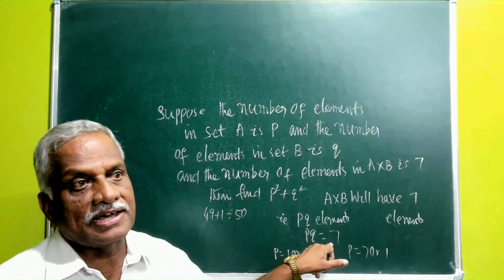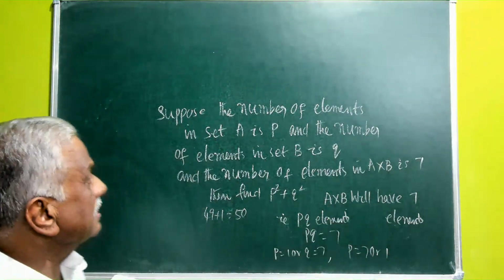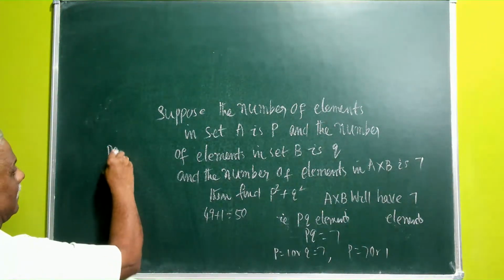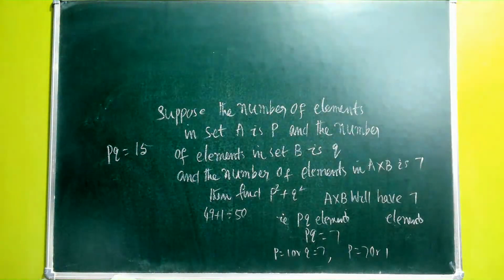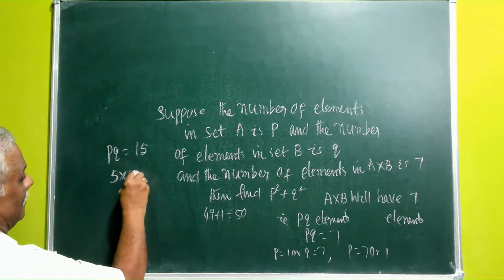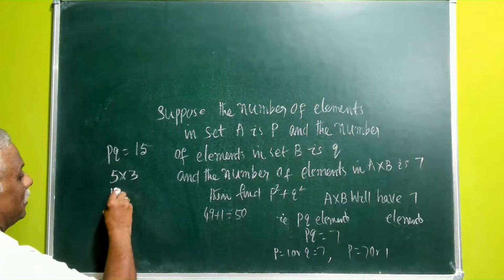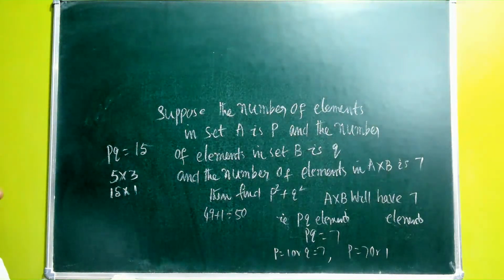Supposing instead of giving 7, they give any other number, supposing they give PQ is equal to 15, then what will happen? There are many possibilities. 5 into 3 can be 15. 15 into 1 is 15. So you have got a number of possibilities.